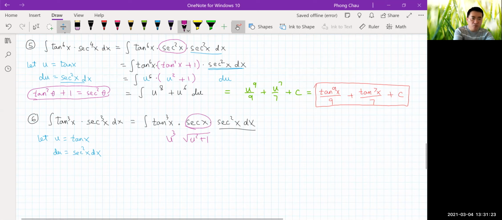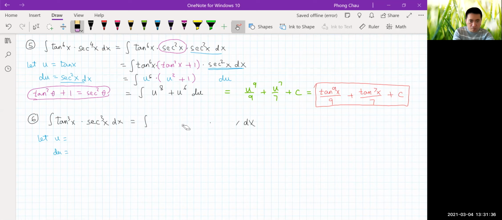So what we're going to do instead of letting u be tangent is switch our choice. Instead of tangent, the other choice you have is secant. So let u be secant of x.